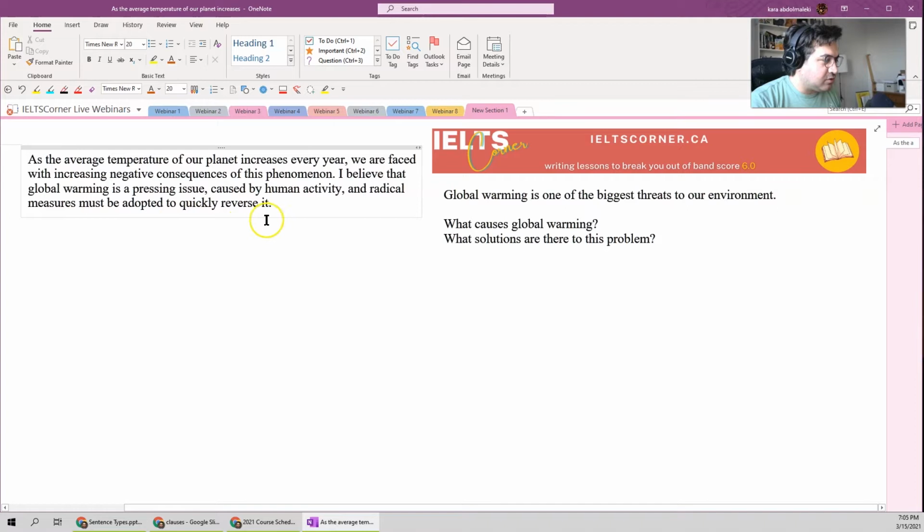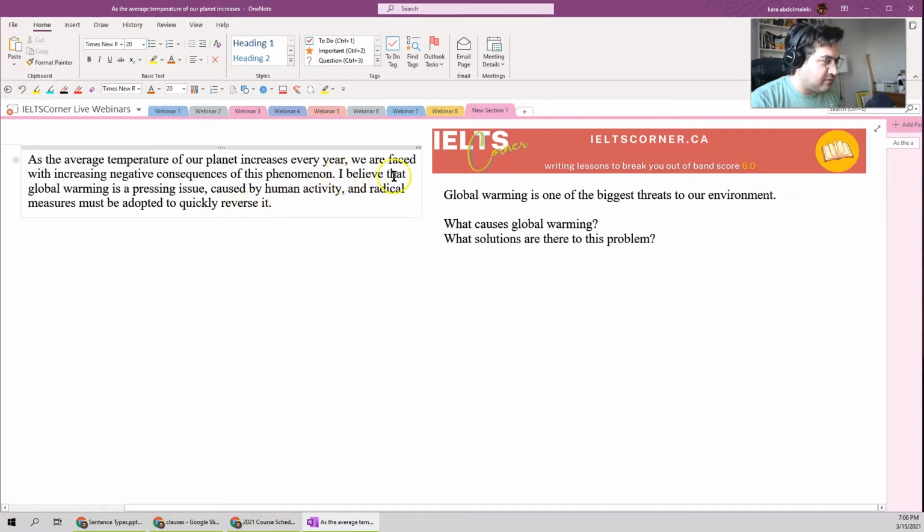So first of all, I have a background statement and then a thesis statement. And the background statement is a complex sentence. This is the subordinate clause and then the main clause, and then the thesis statement is also a complex sentence. It's actually a compound complex sentence.